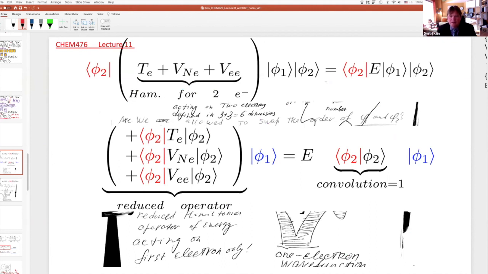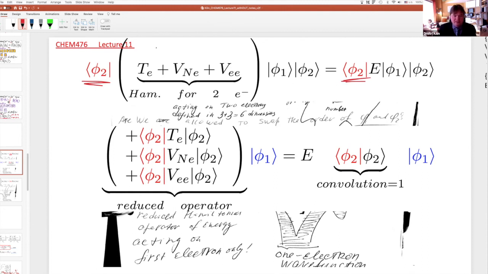Okay, we multiply the left and right parts by the wave function of 2. Then the left and right parts will be a partial expectation value with respect to electron 2.